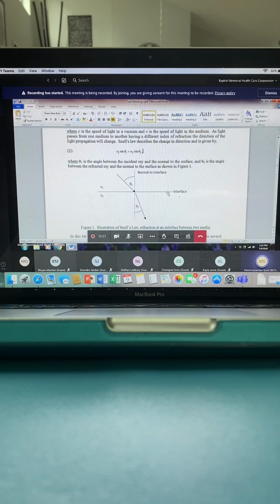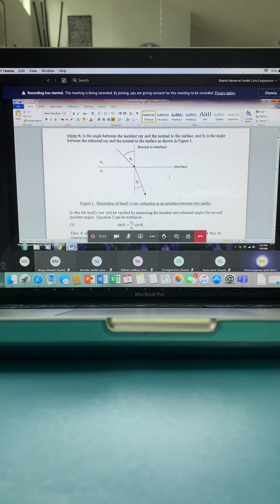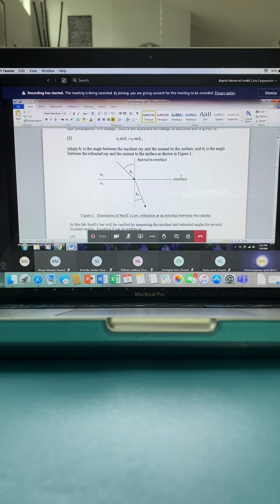So if I show whatever I'm saying here by a picture or diagram, then I can say it this way. This is one medium, so let's say N1 is the index of refraction of the first medium, and another medium has index of refraction N2. N1, N2, two different mediums.